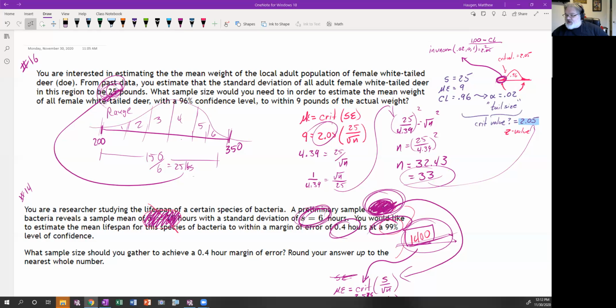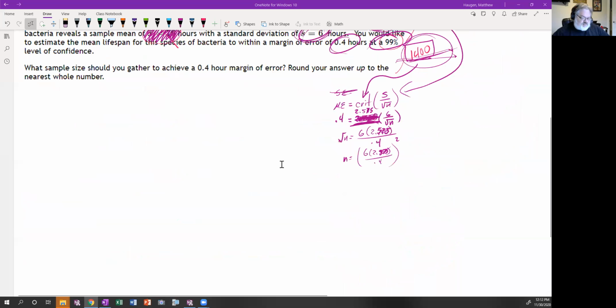But once we do, we could add it to that chart, and then we never have to compute it again. I think we've done 96 a couple of times too, so we should probably put that on the chart at some point. Okay.